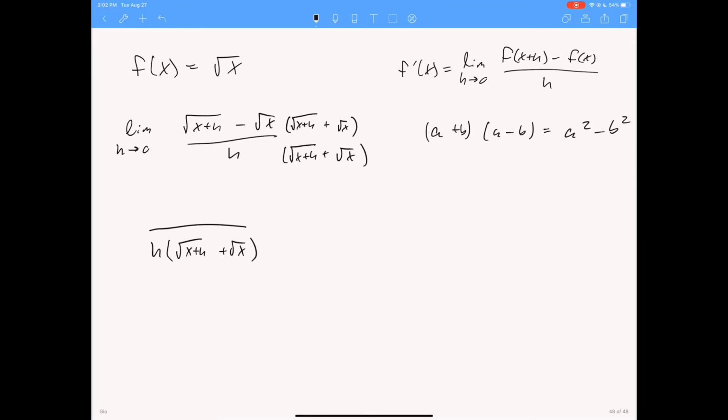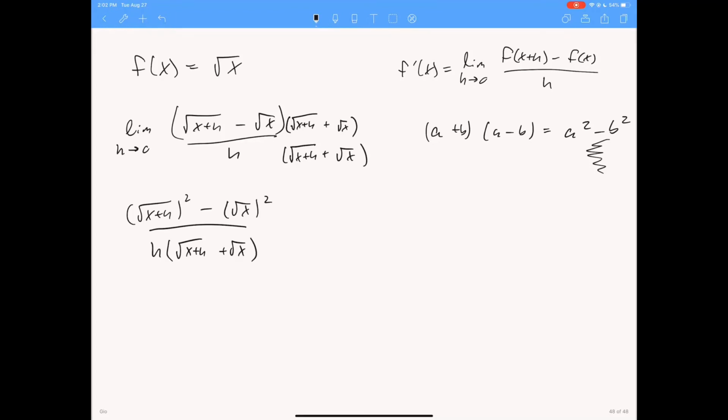Now for the numerator. We can FOIL this out, but we already know on the right hand side it'll just be each term squared, and we just put a minus in between. So we'll have x plus h squared, a minus in between, and then root x squared.